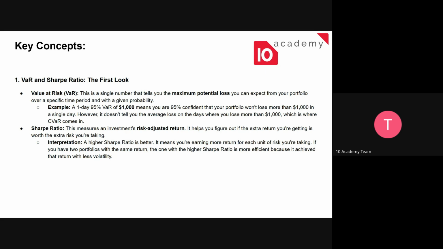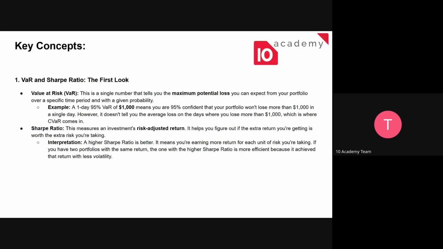It means you're earning more return for each unit of risk you're taking. If you have two portfolios with the same return, the one with the higher Sharpe ratio is more efficient because it achieves that return with less volatility. So for the same amount of return, we can take the one with the higher Sharpe ratio.